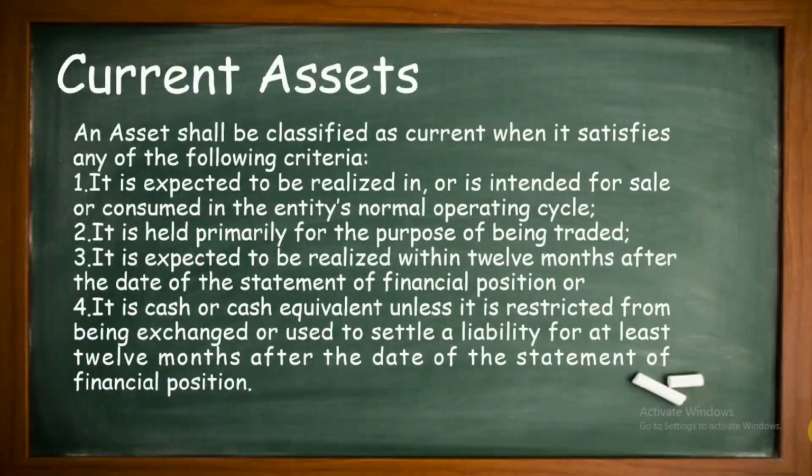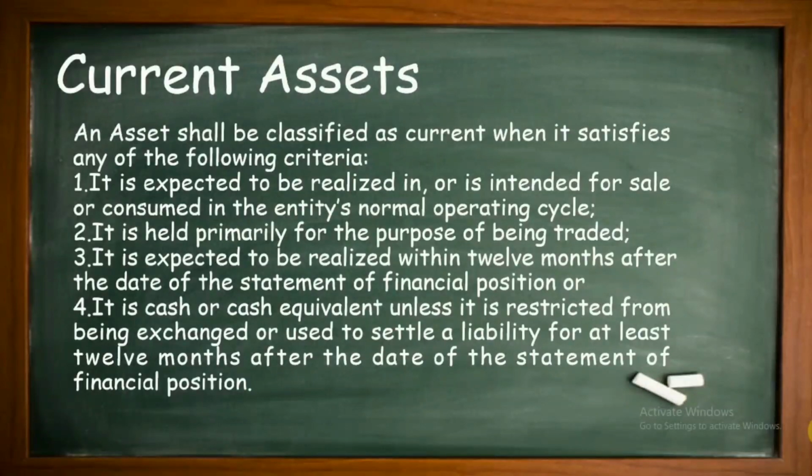Number two, it is held primarily for the purpose of being traded. So, purpose talaga ng current asset is being traded. Number three, it is expected to be realized within 12 months after the date of the statement of financial position.